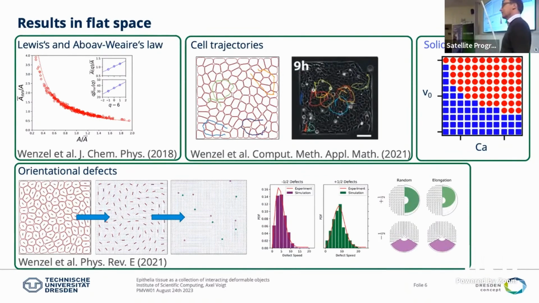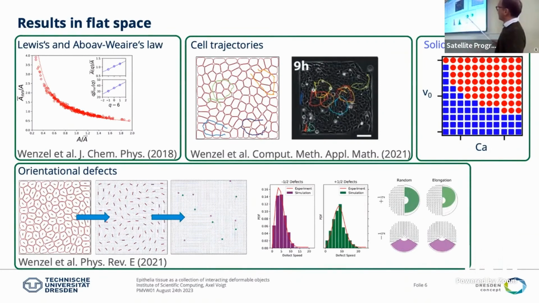So we get the typical -1/2 and +1/2 defects. We can track them over time, measure velocity and so on, and look at distributions of this. And indeed, one finds some difference between -1/2 defects and +1/2 defects. We can also look at in which direction they move.